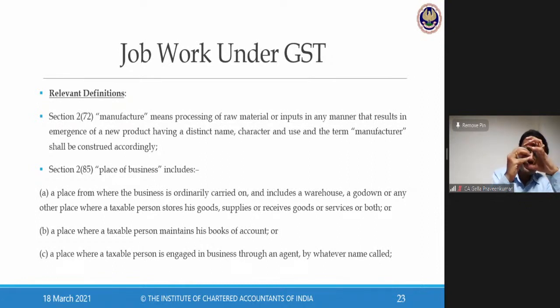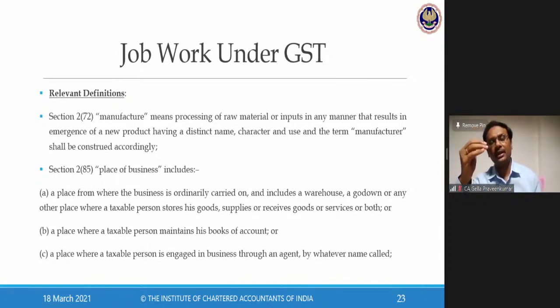My manufacture fits into this activity of job work. Manufacture means processing of raw material or inputs in any manner that results in emergence of a new product, having a distinct name, character and use. The term manufacturer shall be construed accordingly. Now here, I gave the example of the engine of Kirloskar, which comes to the state of Tamil Nadu.